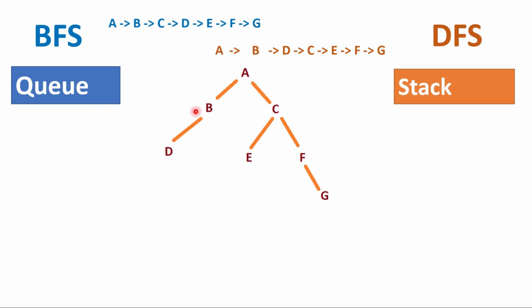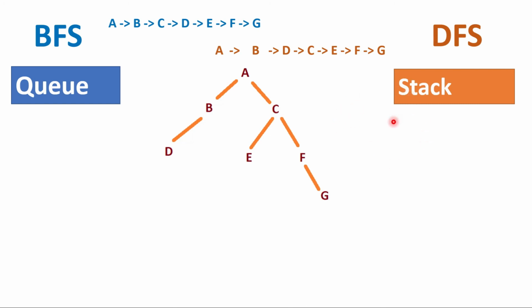So I have to come back to B, and then again come back to A, then only I can move to C. So when I have to go deep and come back, whatever went inside last, that I will come to first, right? So that time stack will be very much useful.